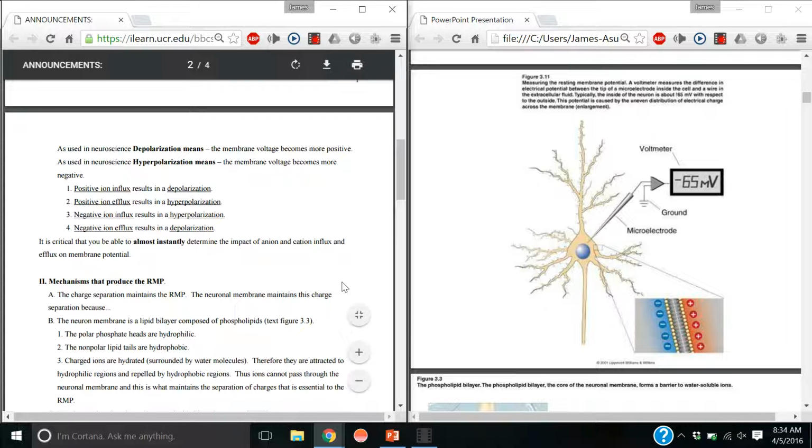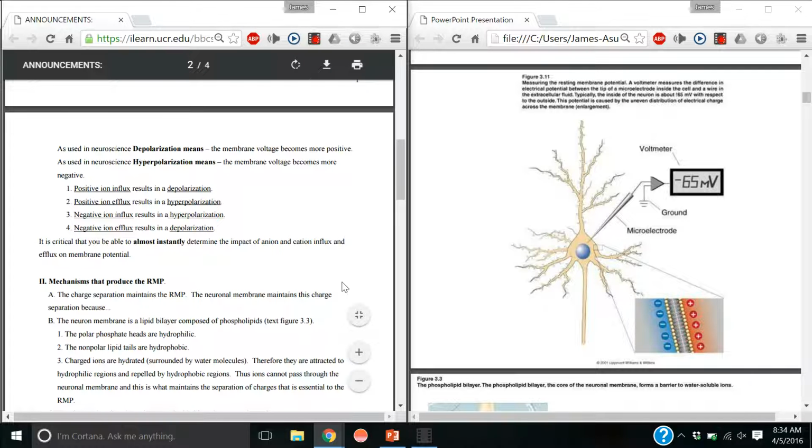On the other hand, positive ions can also leave, efflux. And if there's a loss of positively charged ions from inside to outside, the result is that the membrane potential becomes more negative. Right? Positive ions come in, depolarization, positive ions go out, hyperpolarization. Negative ion influx, that's the example I gave you before, in the previous diagram.